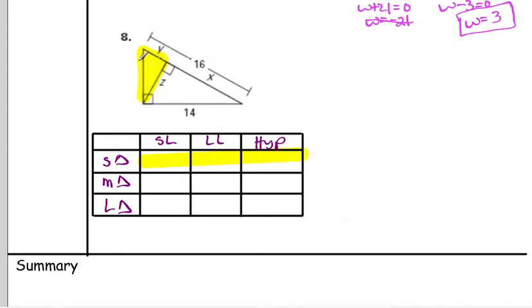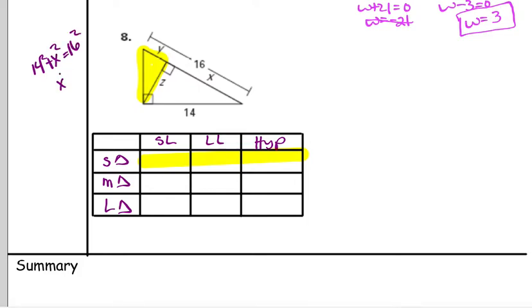There is a side missing, and I like to look at the picture and see, could I find that side? If I look at just the large triangle, I see that the hypotenuse is 16 and that the leg is 14, and I can solve for the missing side by Pythagorean theorem. So I know that 14 squared plus the side I'm missing would equal 16 squared.